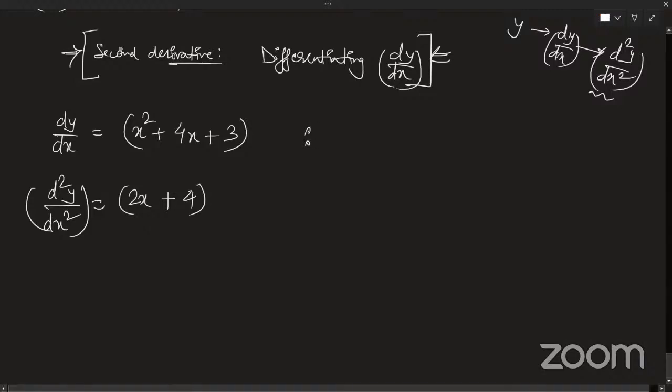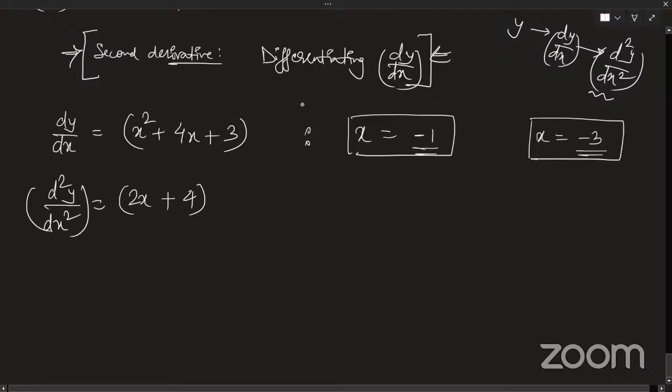So see, you have two values of critical points. The first is -1, the second is -3. So in order to find if -1 and -3 are maxima, minima, or inflection, what you do is you take this function and you put this value inside over here. What will happen if you put -1 over here?